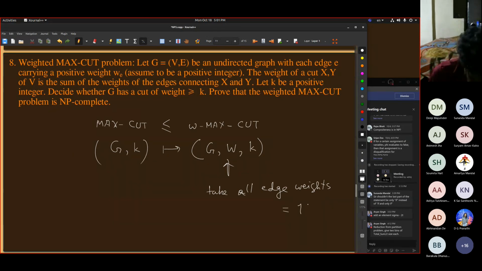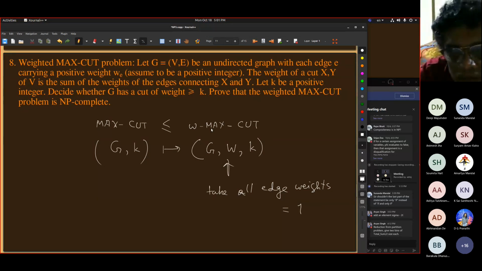Okay. That's it. So this is actually a generalized version. So it cannot be easier than the special version, because you can anyway convert an instance of the special version into this generalized version. Okay. So that's the formal proof.